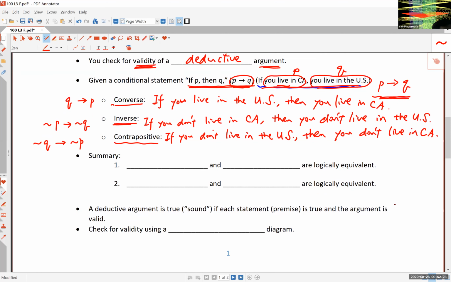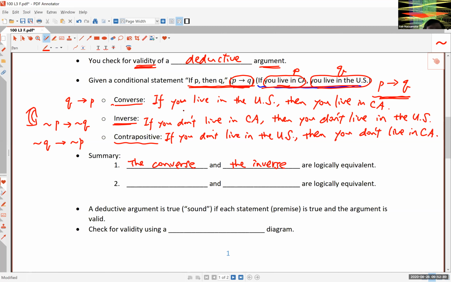All right, so here's a summary. The converse and the inverse. Now remember, these are not equivalent to the original statement, but they are equivalent to each other. They are both false in this context, precisely because California is not the only state.